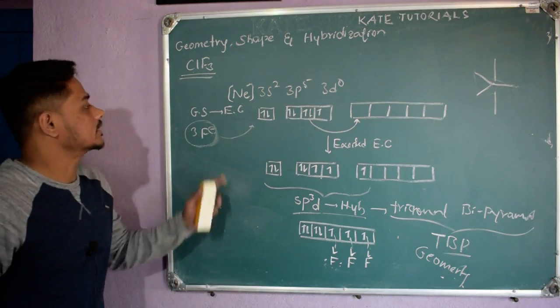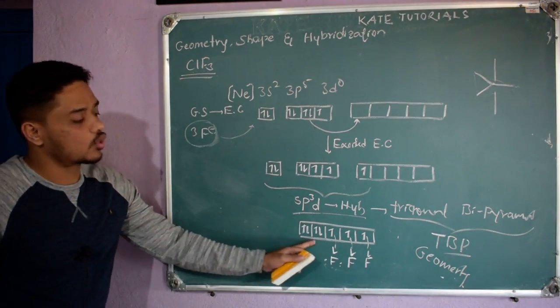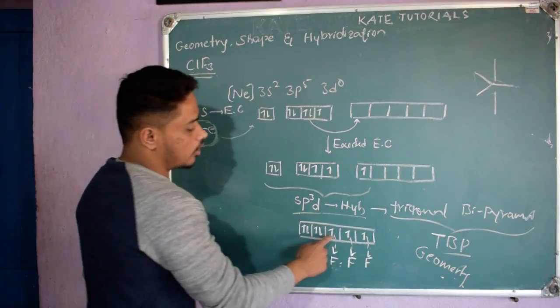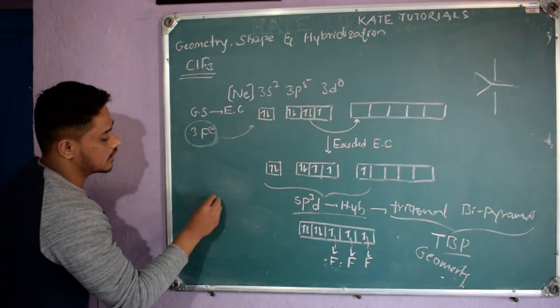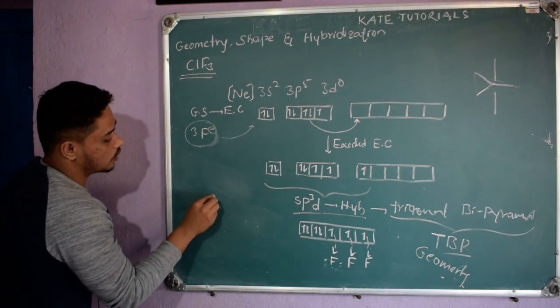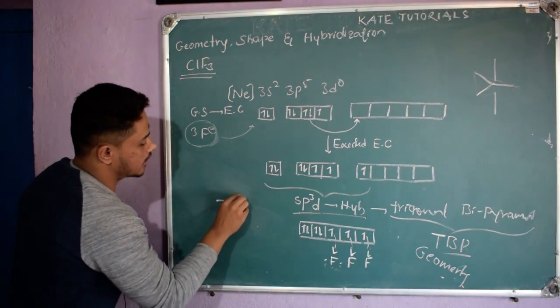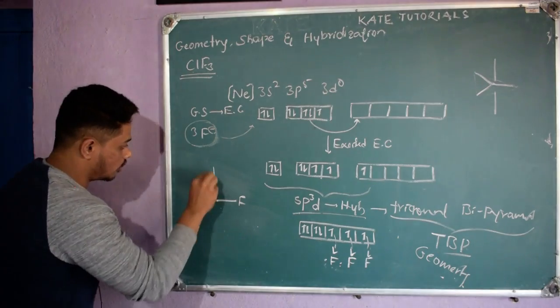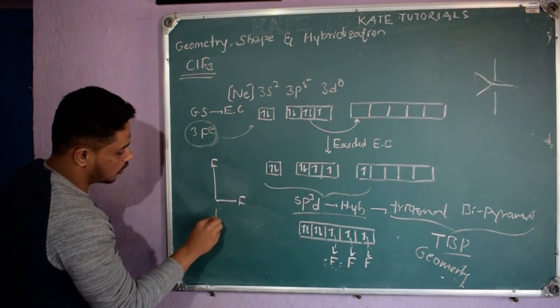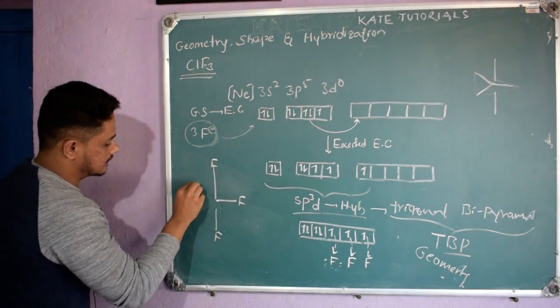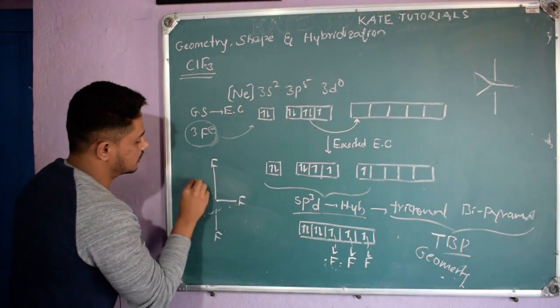But here what happens, this has two lone pairs, right? Only three bond pairs. So in the structure, chlorine is there, one lone pair I will place on this side and one on this side, and one fluorine here, one fluorine above, one fluorine below, and this is the structure which is in the plane, right?